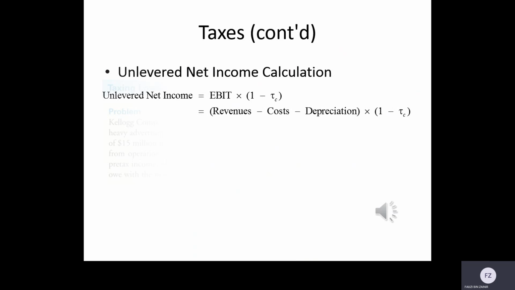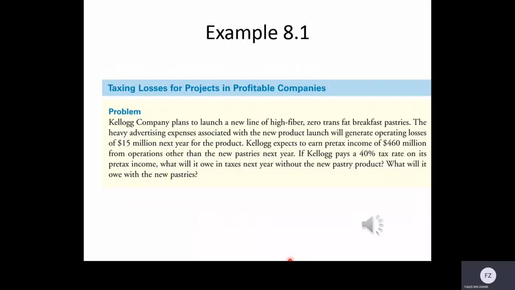Let's look at the tax losses for projects in profitable companies. The Kellogg company plans to launch a new line of high-fiber, zero-trans-fat breakfast pastries. The heavy advertising expenses associated with the new product launch will generate operating losses of 15 million next year.